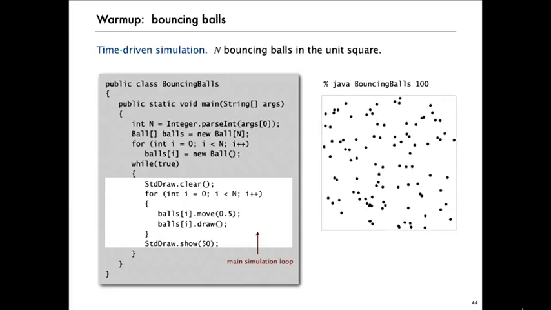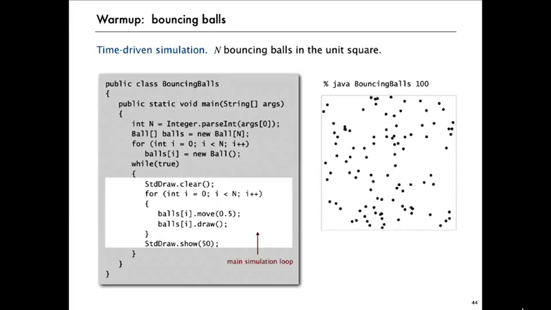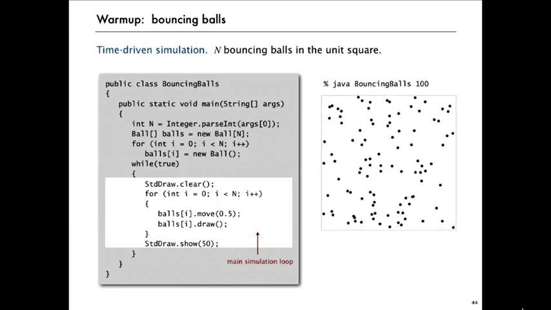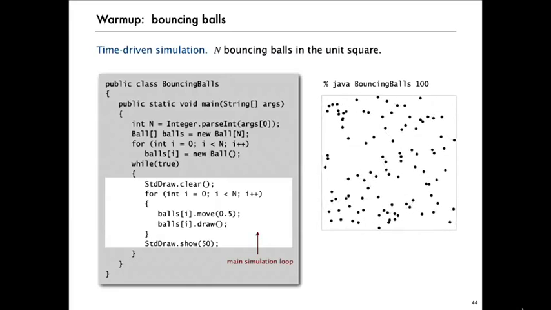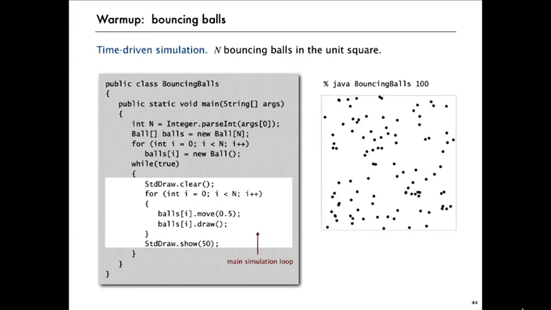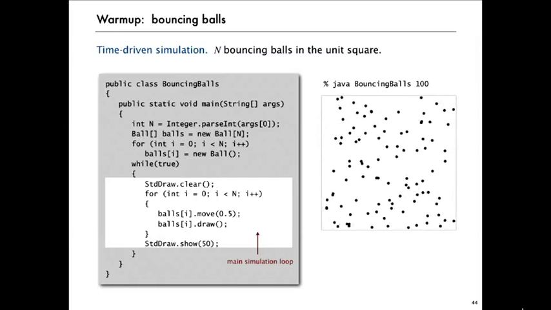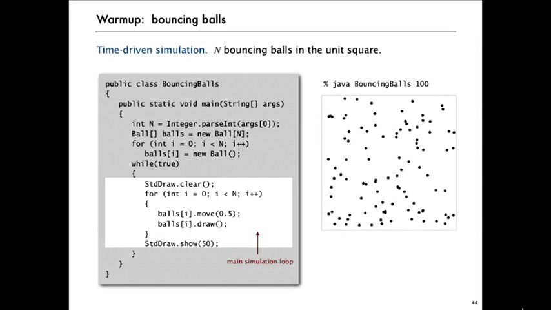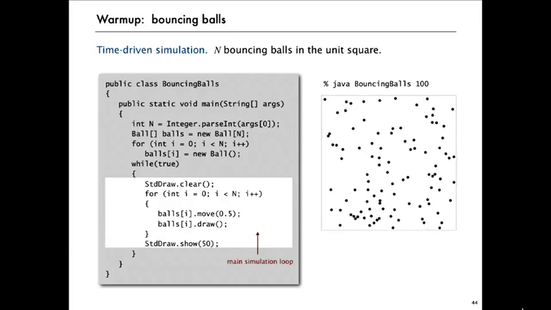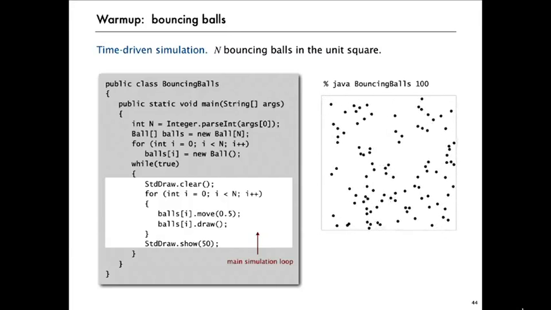The only thing the move operation does is update the position of the ball by the velocity, which is just another number, and then it does the bouncing off the walls. If it happens to hit the left wall, you reflect the x-coordinate, and the right wall, you reflect the x-coordinate.